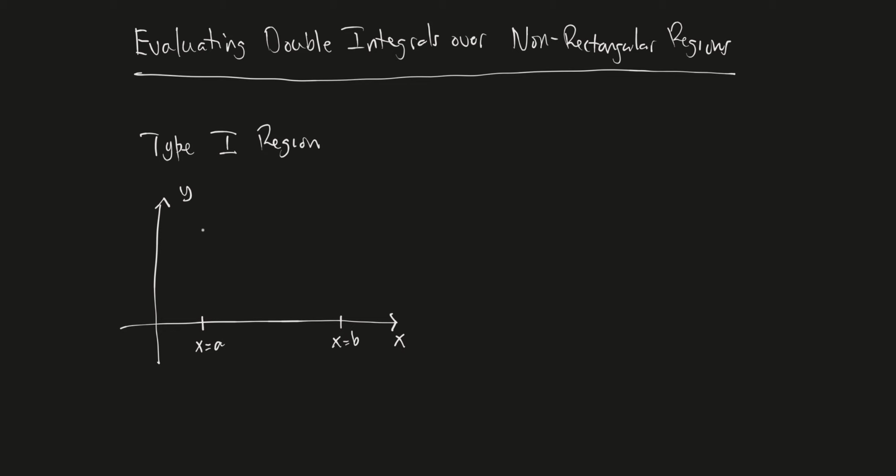In other words, it would be like a curve. Similar to some of the area problems we've done in previous calc classes, you might have an upper function and a lower function. I'm going to refer to this as y equals f of x, and this as y equals g of x.